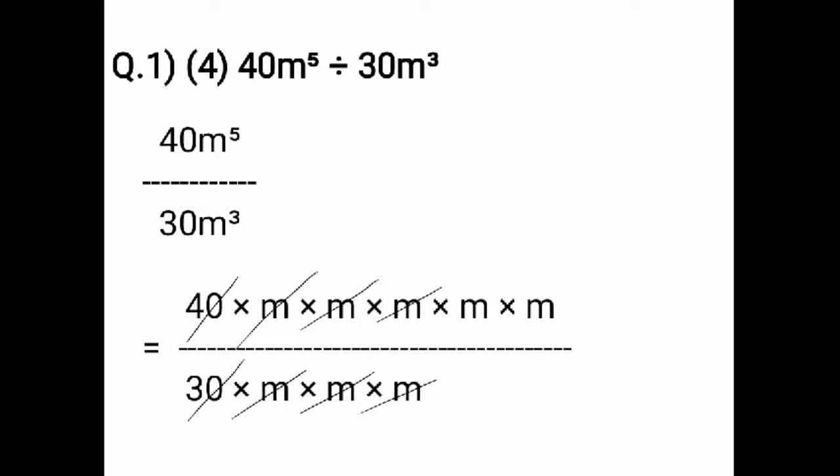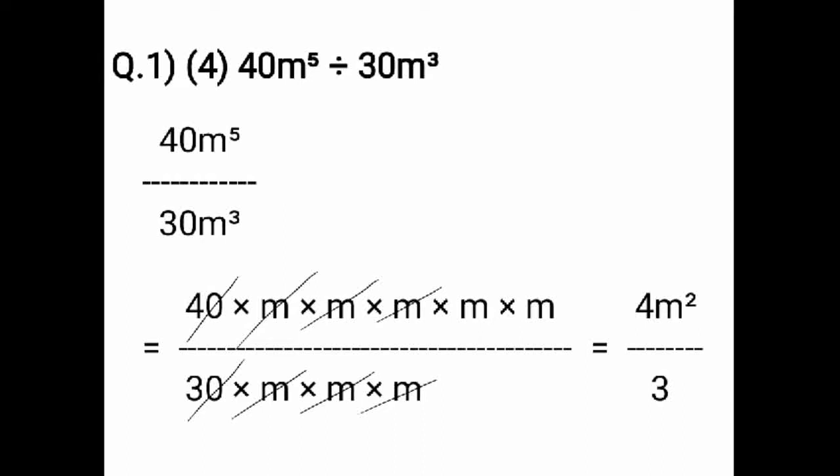And the number, what is left? 4. Okay. First multiply on numerator and then on denominator. 4 into m into m, how much? 4m square. And in the denominator only 3 is left, because you have cancelled only 0, not the number. That is equal to 4m square upon 3.